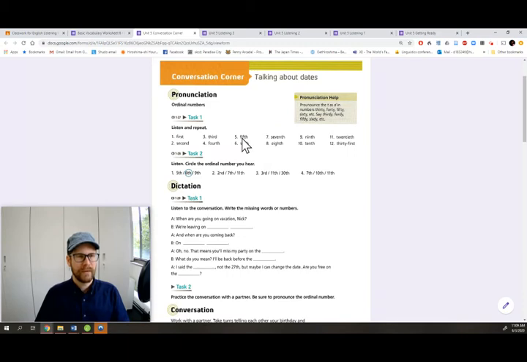So we have first, second, third, fourth, fifth, sixth, seventh, eighth, ninth, 10th. So you should maybe practice with a mirror if you want to improve. Make sure you can see your teeth and see your tongue touching your teeth. So you can practice listening and repeating those sounds.